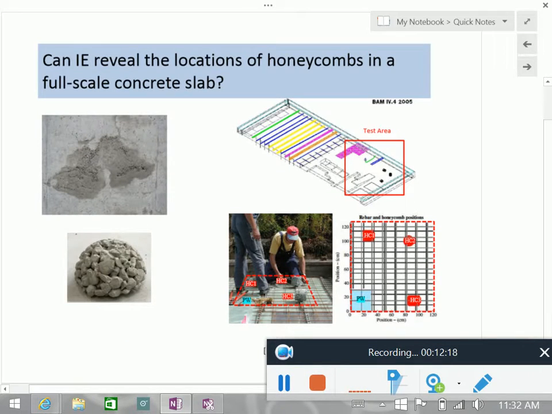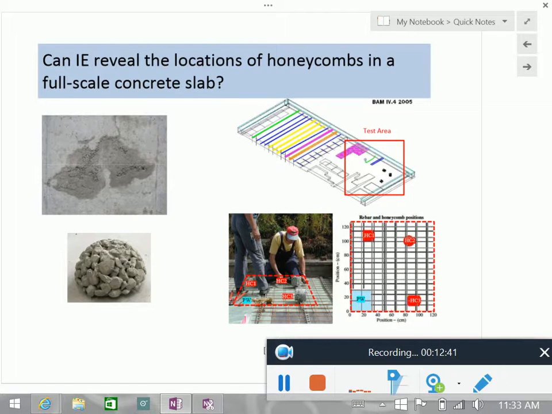Now, impact echo is not only for delamination detection, which I think is its strength, but it can also be used for different kinds of defects. Now, here is honeycombing.